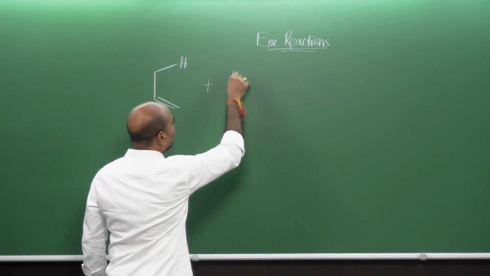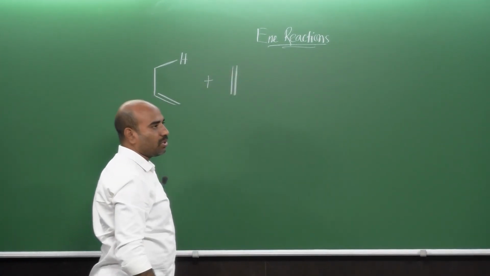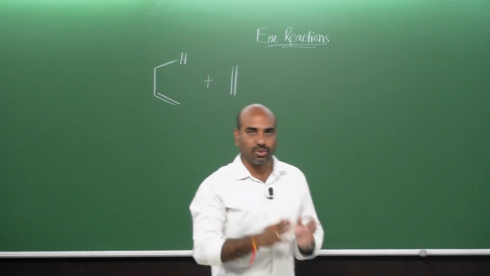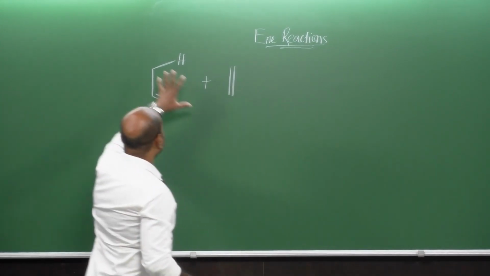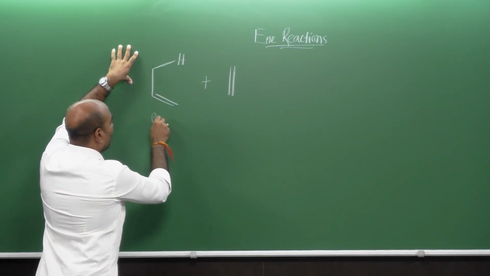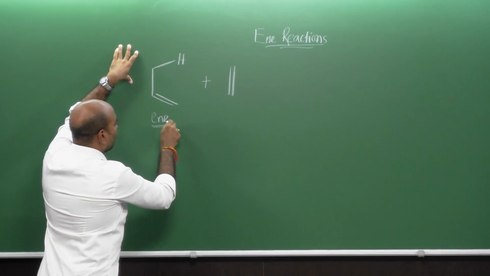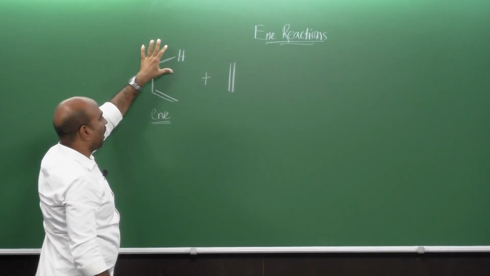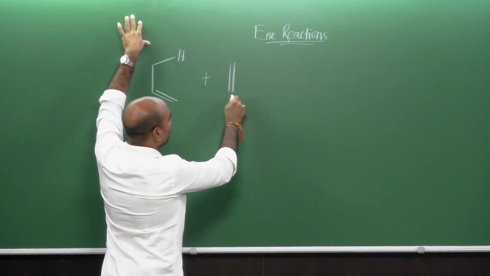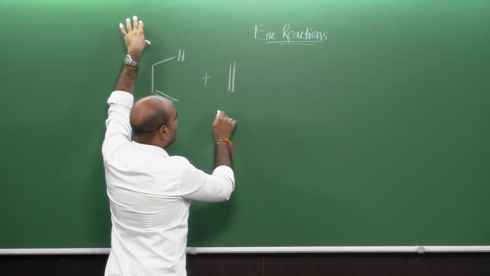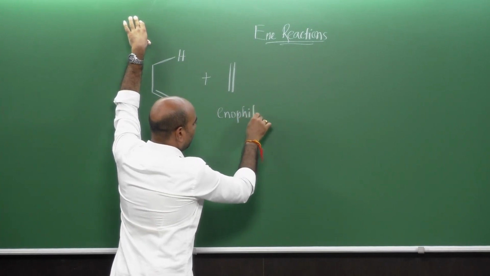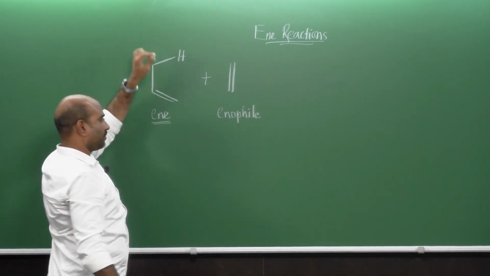The other reactant molecule should also be an unsaturated system. The reactant molecule which has the allylic hydrogen is called the ENE, and the other unsaturated system should be electron deficient in nature and is called the enophile.